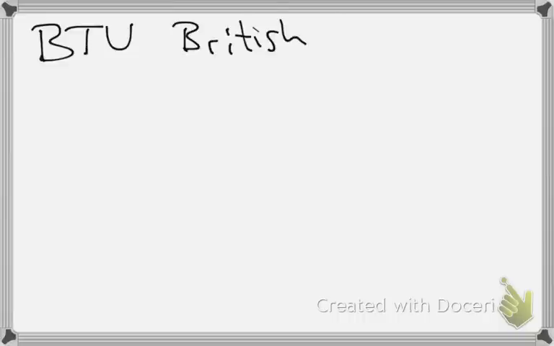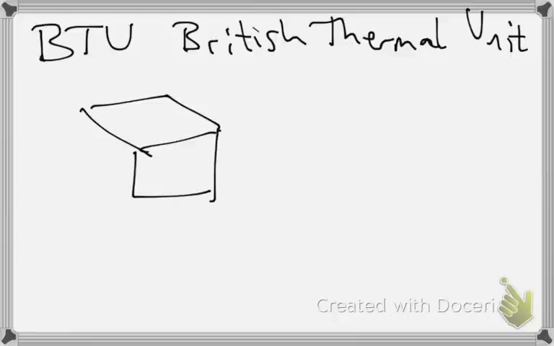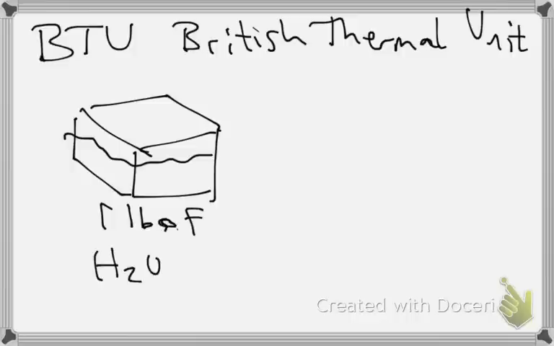Another unit of energy is called the BTU, which stands for British Thermal Unit. British Thermal Unit, it turns out, is the amount of energy it takes to heat up 1 pound of water by 1 degree Fahrenheit.